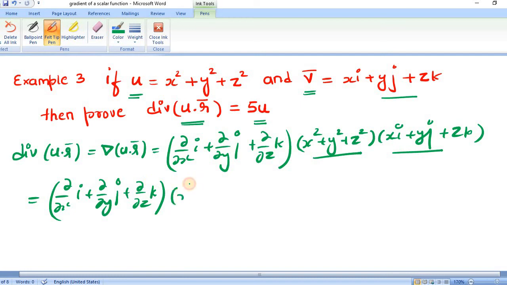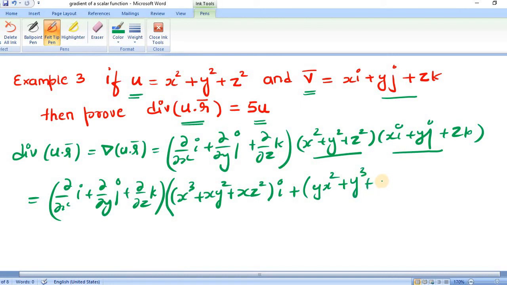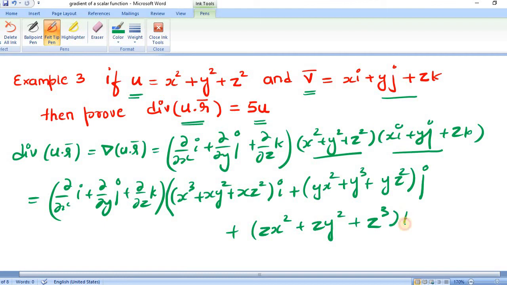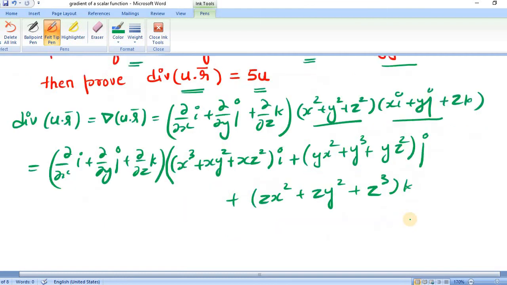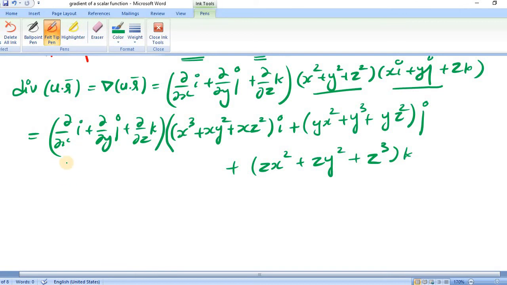So the product will be x cube plus xy square plus xz square, this is i, plus yx square plus y cube plus yz square, and this is j. And the third term will be zx square plus zy square plus z cube, and this is k. Okay, right.